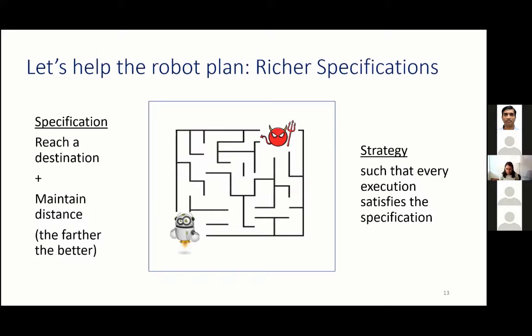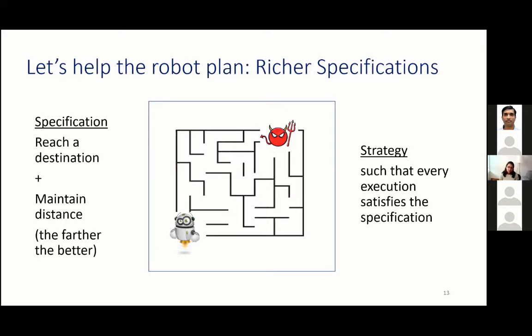This is the same game. It's the same robot. It's the same grid with a robot and an adversary, both of which can move around. Now, suppose the robot's task is to reach a destination, but the robot also wants to maintain a distance from the adversary. Now, this would be important because perhaps the grid is such that it's actually not possible for the robot to always avoid the adversary.